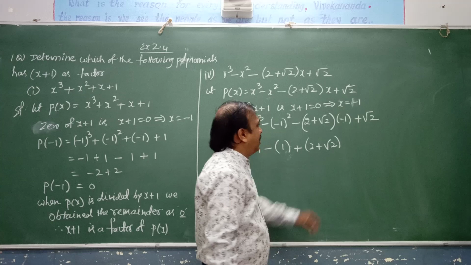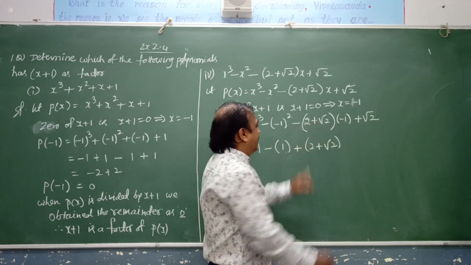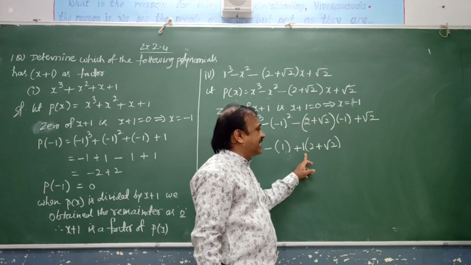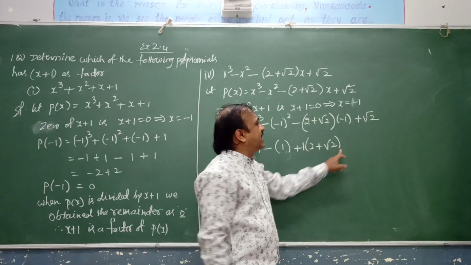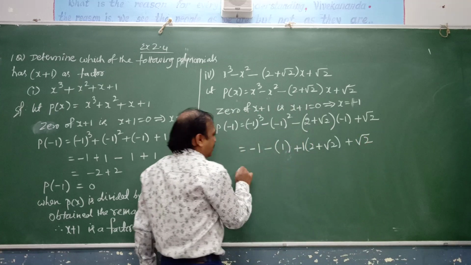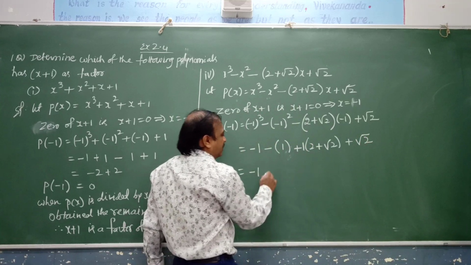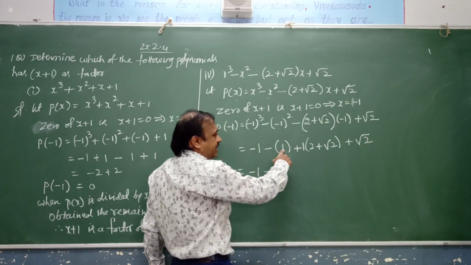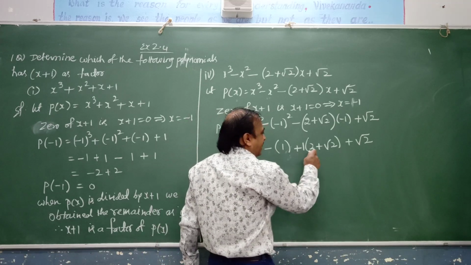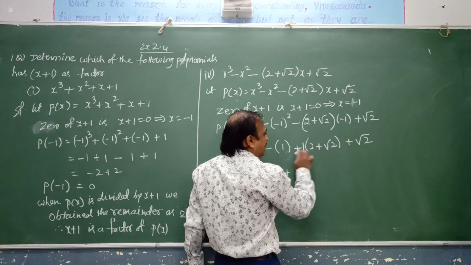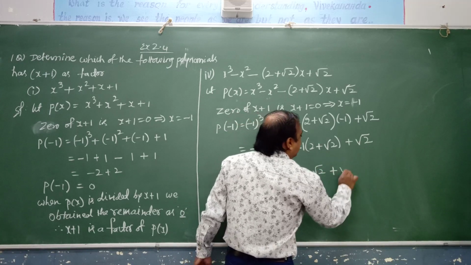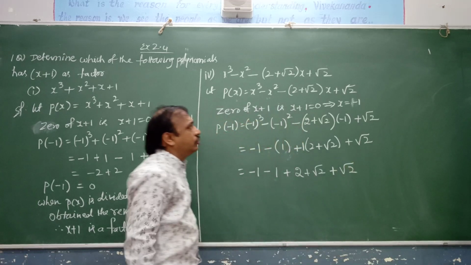Observe it. Minus 1 into minus 1 is plus 1. Are you following? Minus 1 into minus is plus 1, into 2 plus root 2, plus root 2. Next, minus 1, then minus 1, this is minus 1 into minus into plus 1 into 2 plus 1 into root 2 plus root 2 plus root 2.